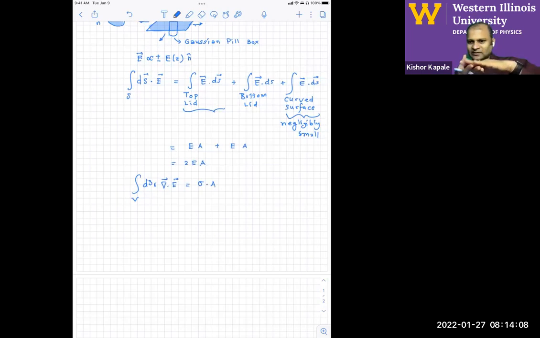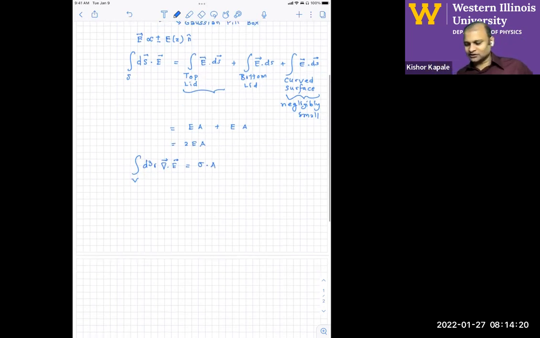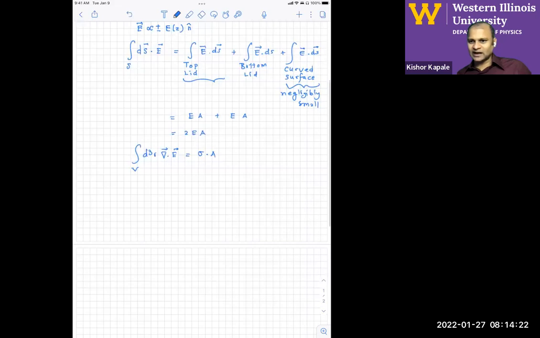A is the surface area and the charge that's enclosed. So this Gaussian pillbox is cutting through the surface sheet. And if you look at its projection on the sheet, that projection would have the area A, right? So this volume integral is just given by the charge density times A. It's essentially the total charge enclosed in the volume chosen.